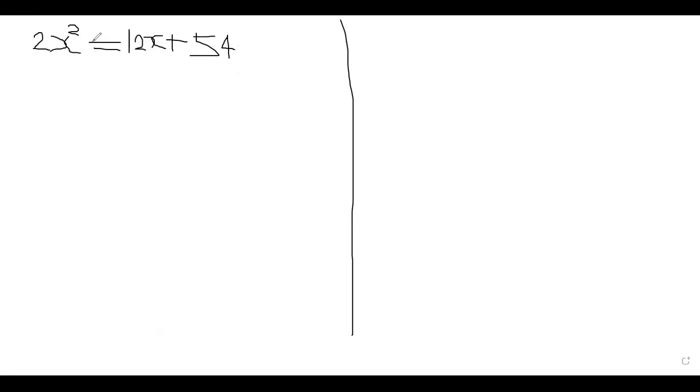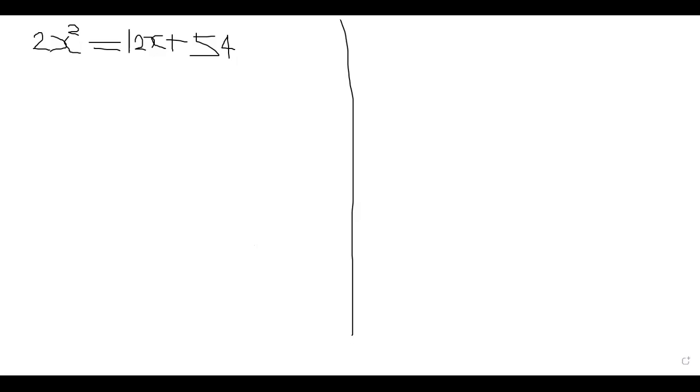The first thing you do, always put it in quadratic format. What is the quadratic format? Who can tell me the quadratic format here? I need a smart student to tell me. Two x squared minus 12x minus 54 equals 0.